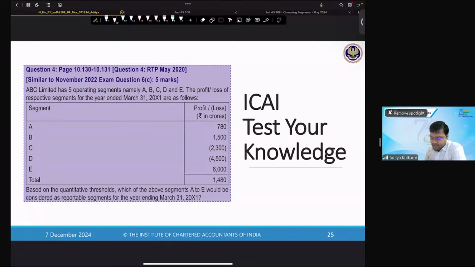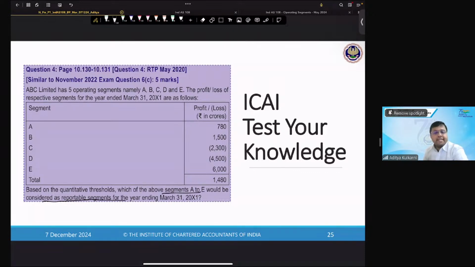A 780, B 1500, C minus 2300, D 4500, E 6000. So based on the quantitative thresholds, which of the above would be considered as reportable segments?